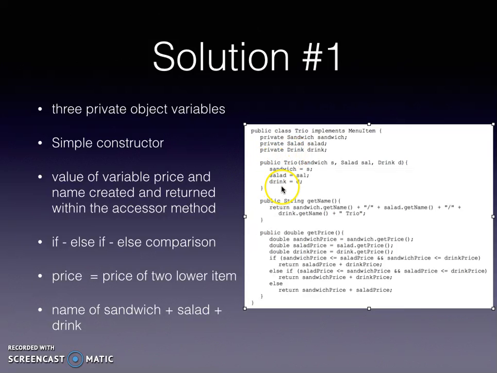And here is a normal standard constructor. We have the values sandwich s, salad so, and drink d from other classes. The sandwich s should be from class Sandwich, so should be from class Salad, and d should be from class Drink.